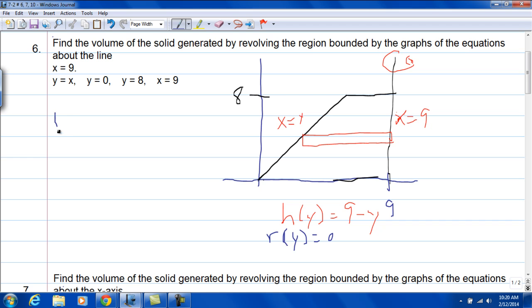So our volume is going to be pi times the integral from 0 to 8 of 6 minus y squared dy.